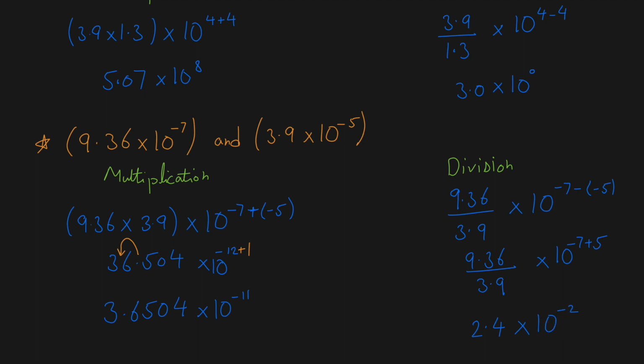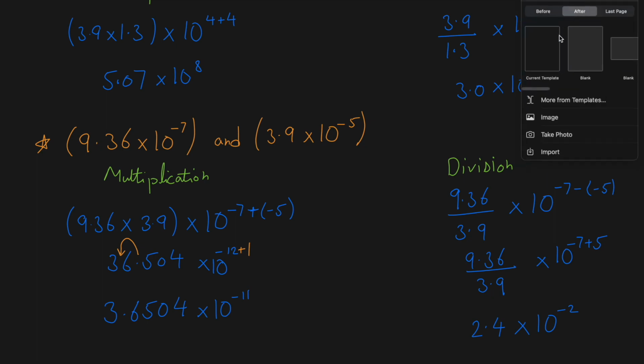So I hope you get the idea here. I'll include one more example here, the last one. So the last example is 2.4 times 10 power minus 6 and 3.2 times 10 power, not minus, only 10 power 3.